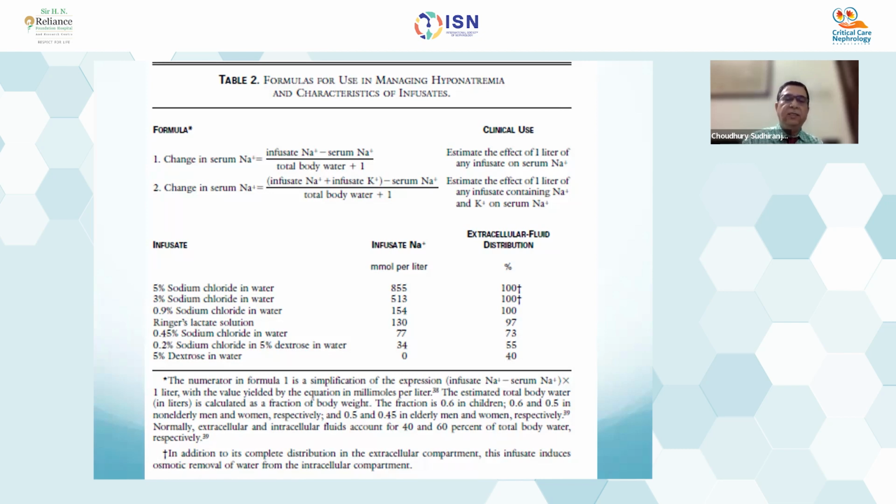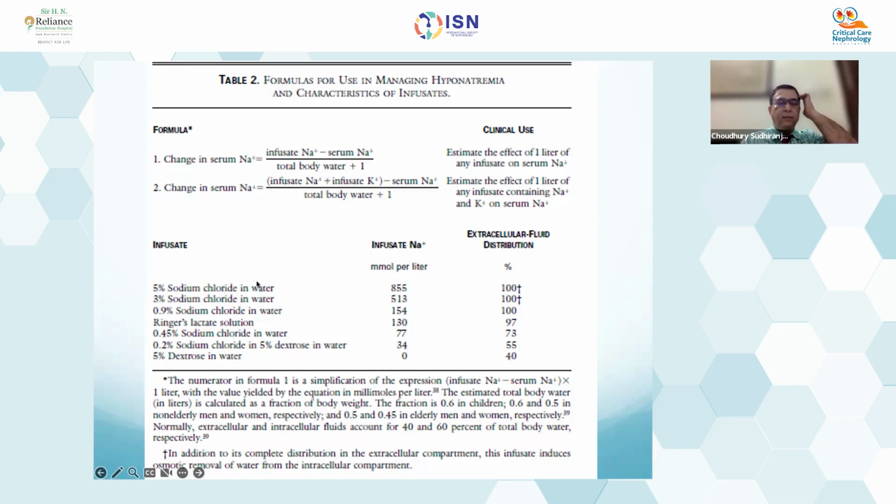So this is the calculated formula, and these are some of the solutions which can be used. What is important here is the sodium content in millimoles per liter of the salt concentration in the different solutions which are available to us for use in hyponatremia settings.